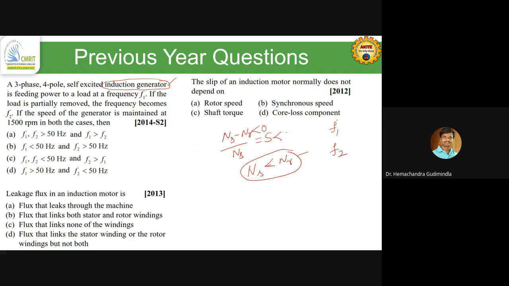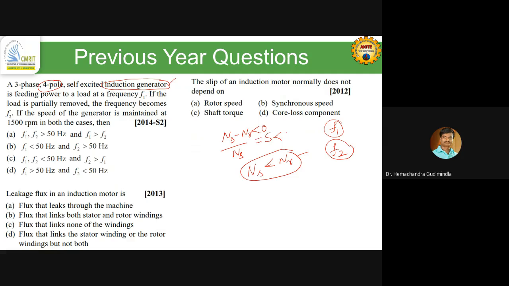They're asking how the frequency will vary. For example, in this case they gave a 4-pole induction generator.